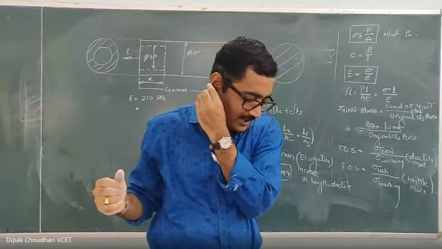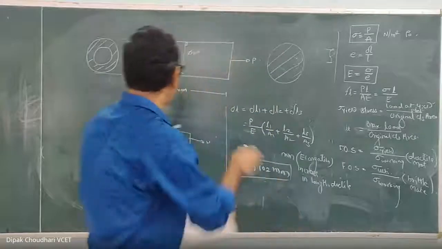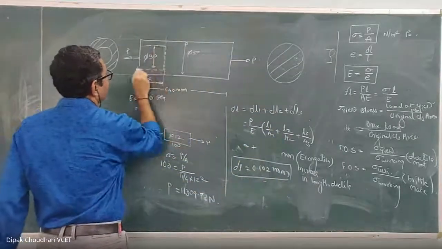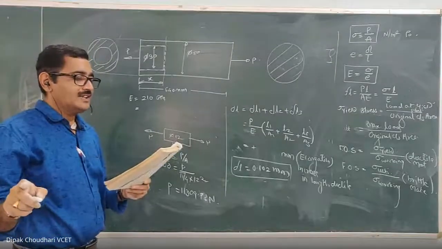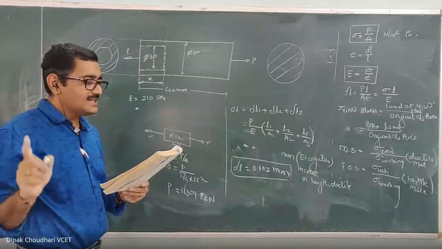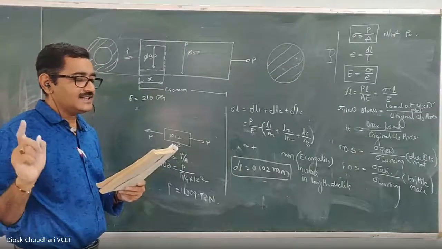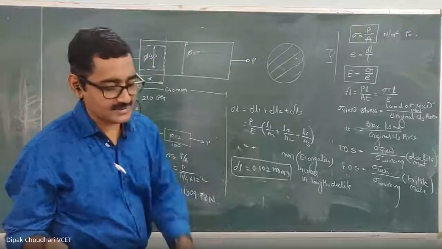What do you have to find out? This hole is drilled internally. You have to find out the length of the hole such that the extension of the hollow part of the bar is equal to the extension of the solid part when axially loaded by the tensile force.